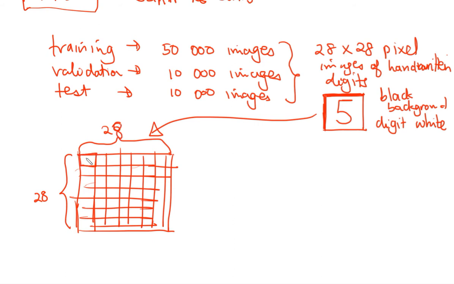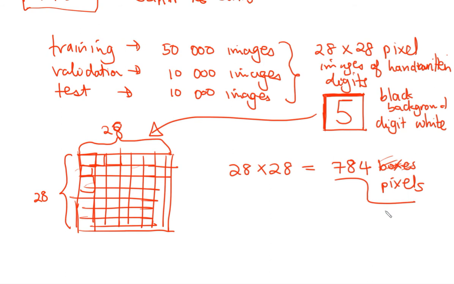So we have 28 boxes on this side, 28 boxes on that side, making a total of 28 times 28, which is equal to 784. Here I'm saying boxes to make it easier, but actually they are 784 pixels. This is going to be very important. I'll show you where we're going to use it.